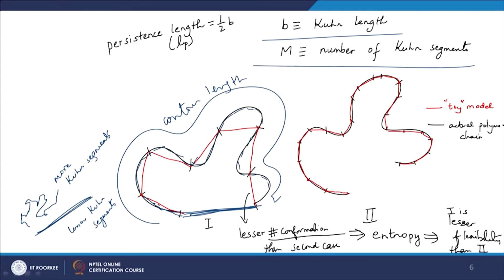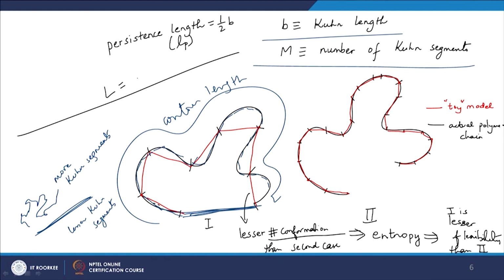Now just to complete the exercise, if I want to look at the whole length of my fully stretched chain, if this chain becomes fully stretched, it is a very unlikely conformation, but it is indeed possible because the chain can take many conformations. There can be a case where the chain is fully stretched.